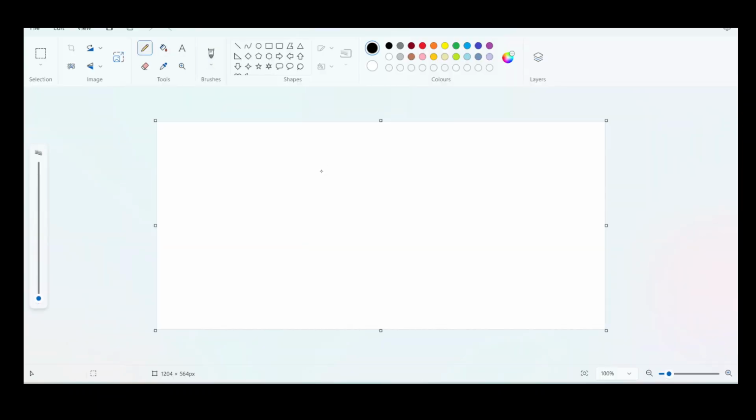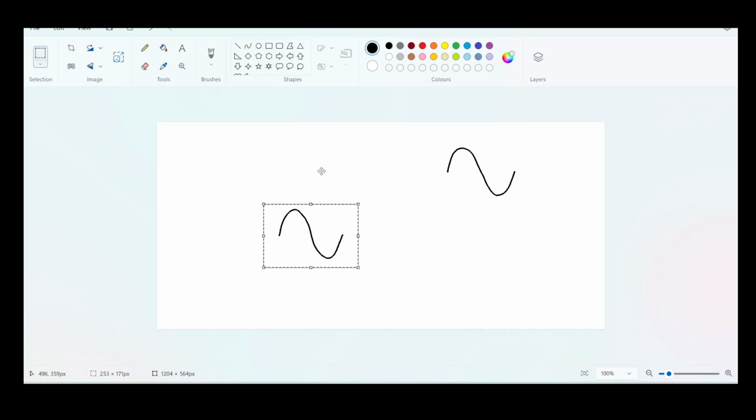Suppose you have a wave over here. Let me draw a wave. This is a wave, and there is another wave which is going to interfere with the previous wave.